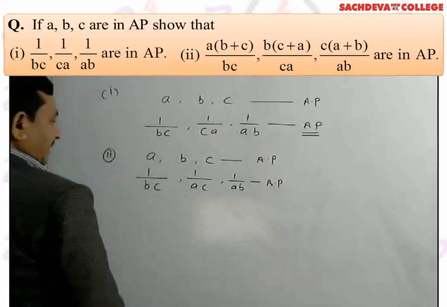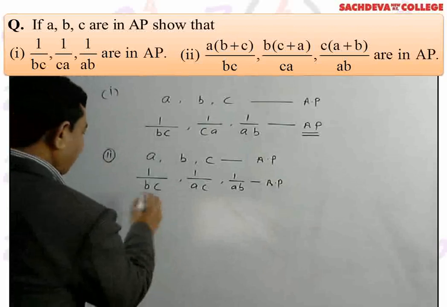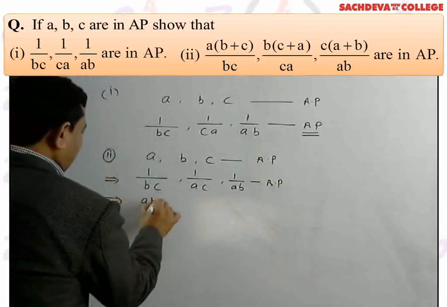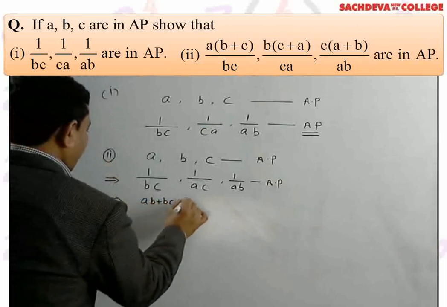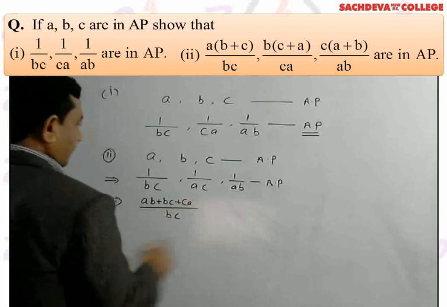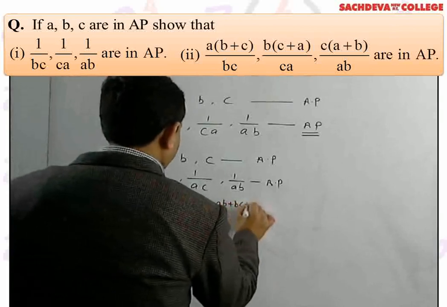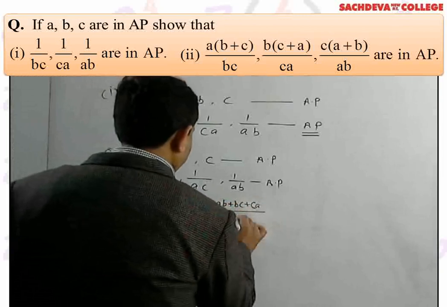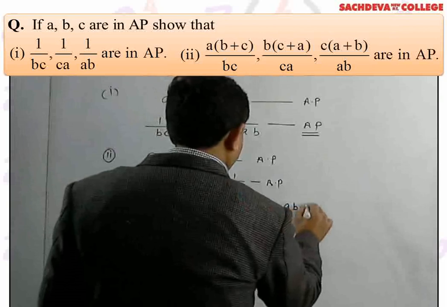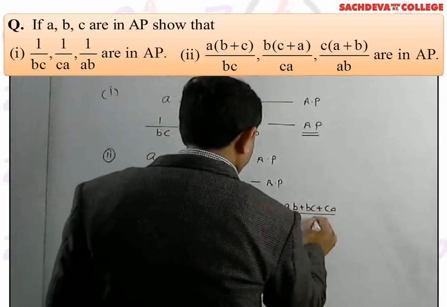If we multiply each term by AB plus BC plus CA, then this will be equal to (AB plus BC plus CA) divided by BC, (AB plus BC plus CA) divided by AC, and (AB plus BC plus CA) divided by AB.